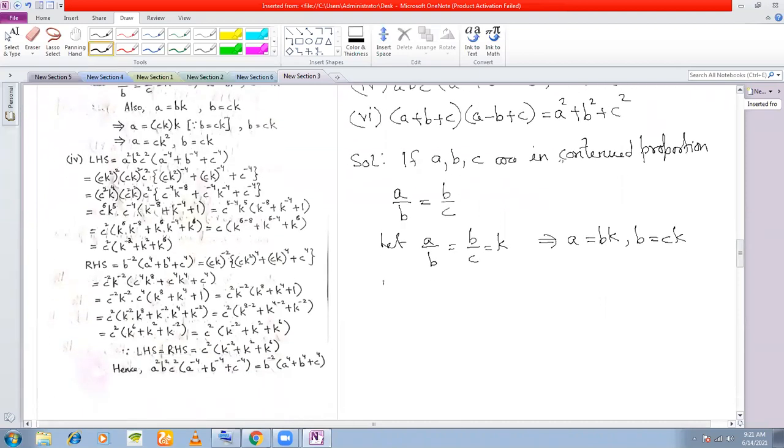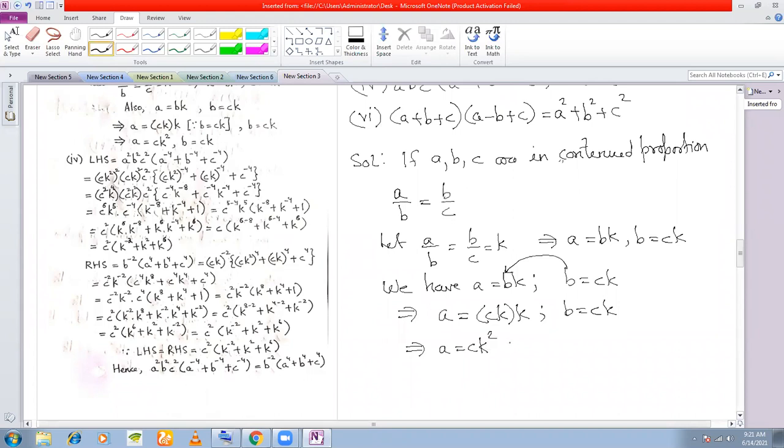Okay. Further simplification needs to be done. So we have A is equal to BK and B is equal to CK. So what you do is this value of B, you put it here. CK into K equal to CK. So you get A is equal to CK square and you get B is equal to CK.